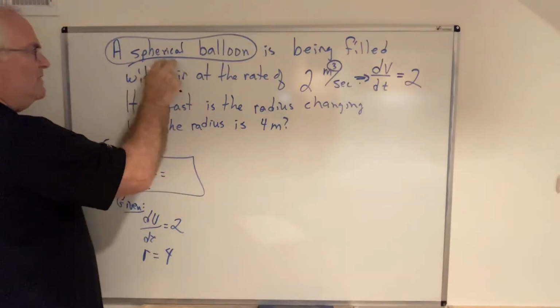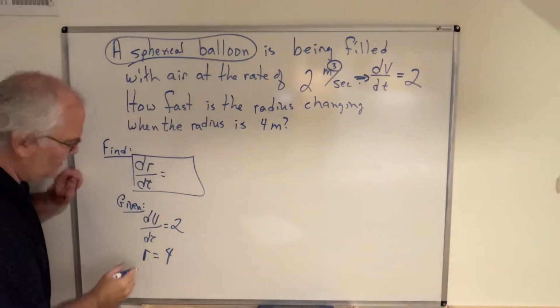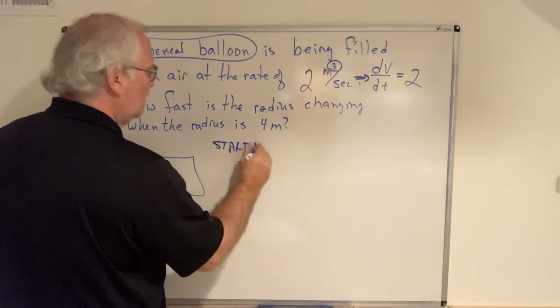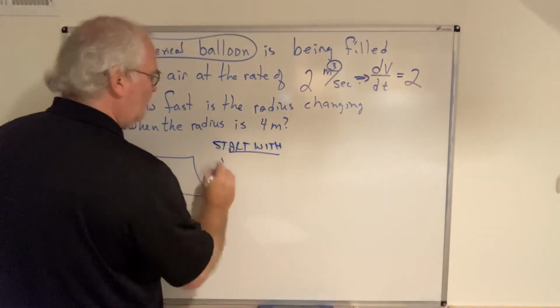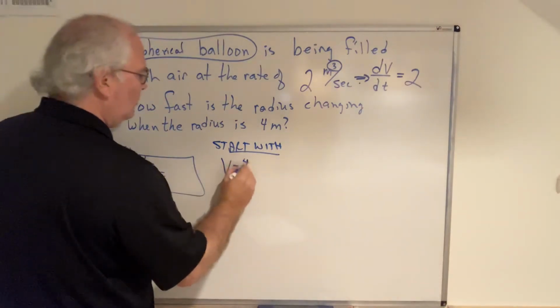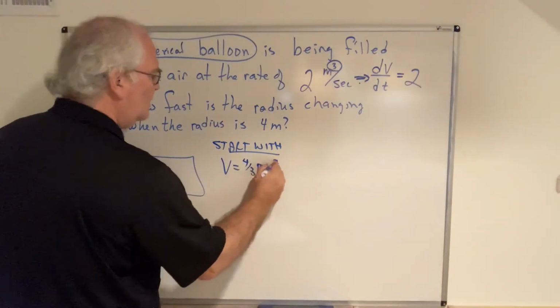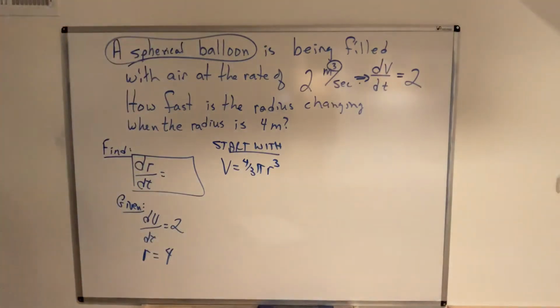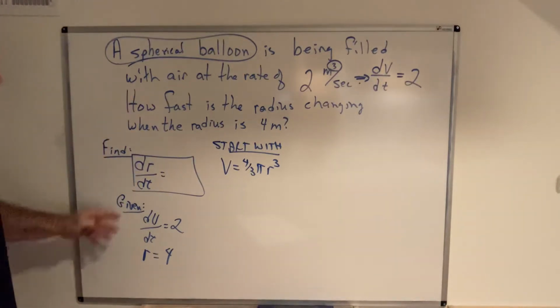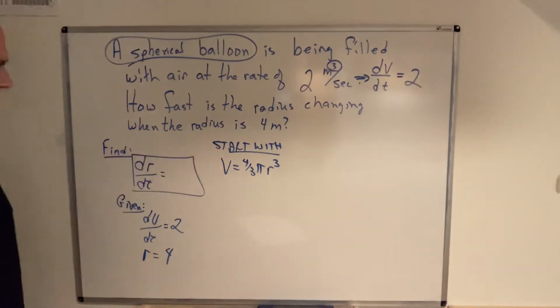The volume of a spherical balloon is equal to 4/3 pi r cubed. So I will give you this equation to start with. If it's any geometric picture or a geometric equation, I will give it to you.